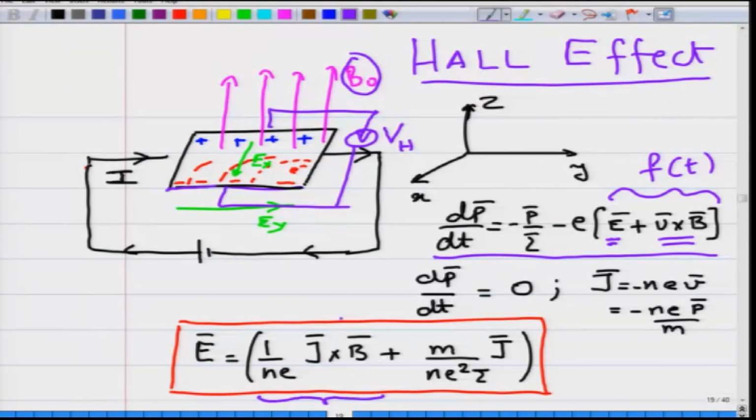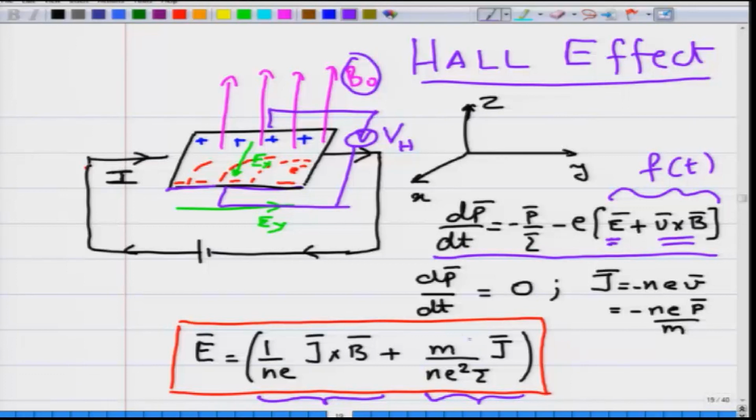One is a J cross B term, and there is another term which looks very familiar. If B is equal to 0, then you only have the term m/(ne^2 tau) times J. The electric field is m/(ne^2 tau) times J if you have only an applied electric field and no magnetic field.